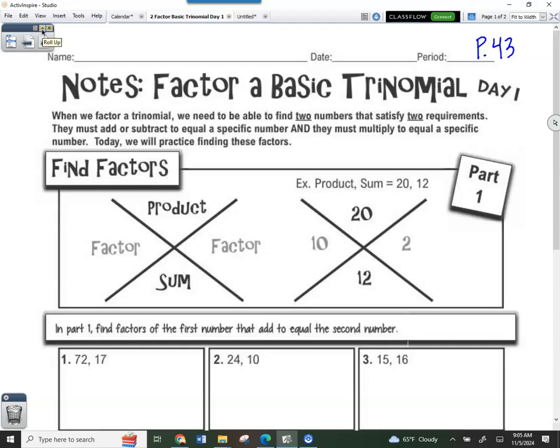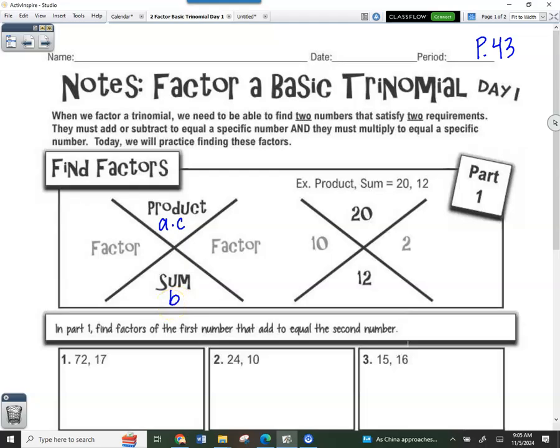You have this gigantic X, which is something you would draw to the side to organize your numbers. The way you fill it in, it's got 4 sections. The product at the top is A times C. This down here at the bottom is B.